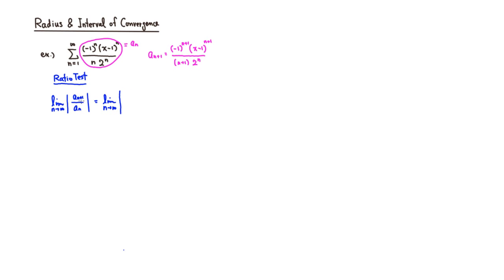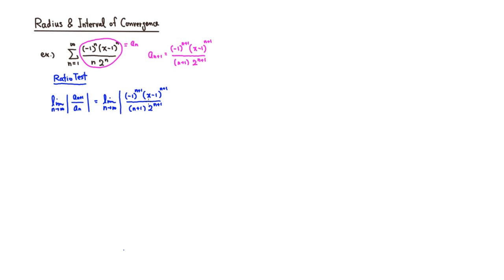I'm going to put a_(n+1), which is just the expression here: negative 1 to the n plus 1, quantity x minus 1 to the n plus 1 power, over quantity n plus 1 times 2 to the, oh actually I messed it up, so this is n plus 1 here, so 2 to the n plus 1.